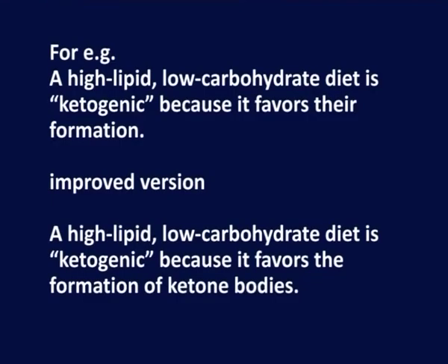Another common problem is a hidden reference, which has only an implied antecedent. For example, a high-lipid, low-carbohydrate diet is ketogenic because it favors their formation. Now, the improved version is: a high-lipid, low-carbohydrate diet is ketogenic because it favors the formation of ketone bodies. Do not repeat an antecedent in parentheses following the pronoun.